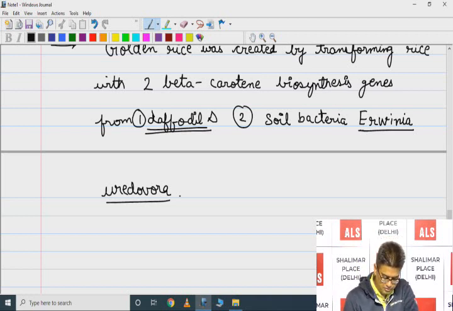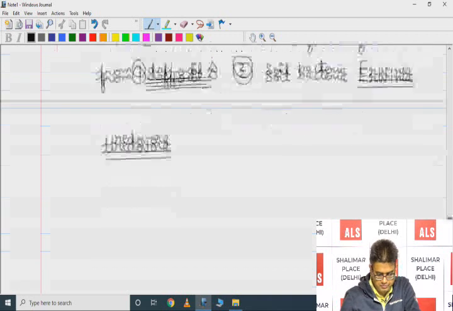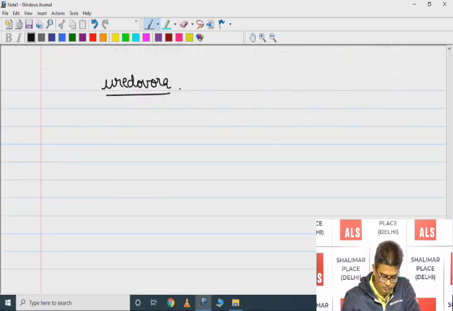Let us discuss them. Alfalfa, you know, Bt cotton, you know, I guess you know something else also. Maize, soya bean, sugar beet.